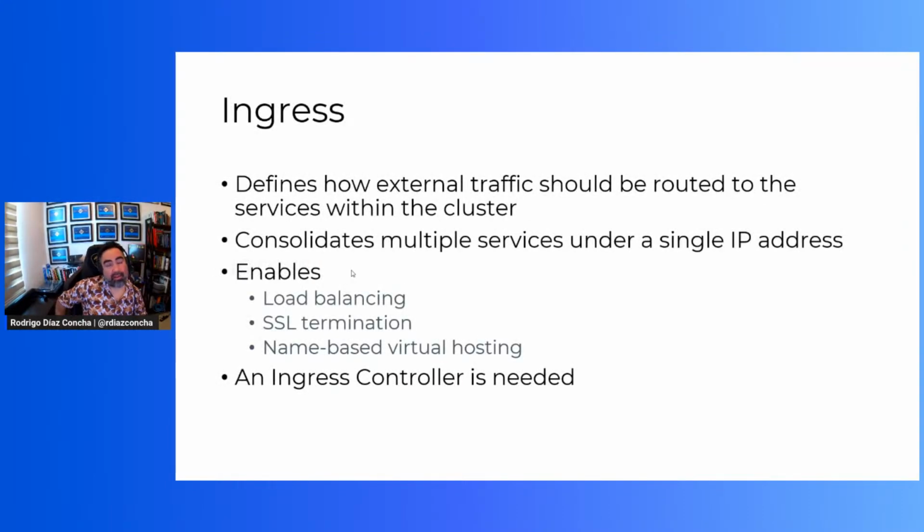However, if you do that, then your clients will need to know the port beforehand. So Ingress is another way of exposing those services, okay? So with an Ingress, you define how external traffic should be routed to the services within the cluster.